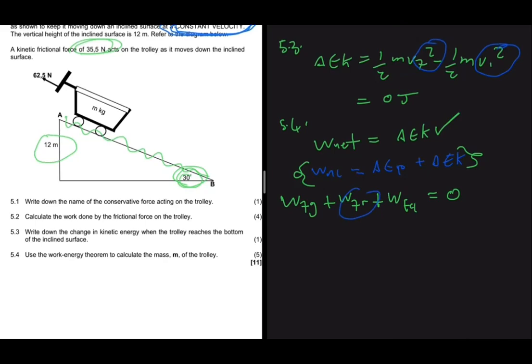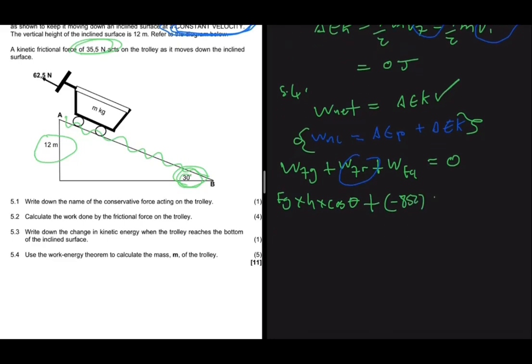So what is the work done by Fg? The force of gravity multiplied by the height, and then cos of the angle, right? Plus the work done by friction. We know that that is minus 852, right? And then plus the work done by the force applied. We know that the force applied is 62.5, right? So let me just write it in the line below.